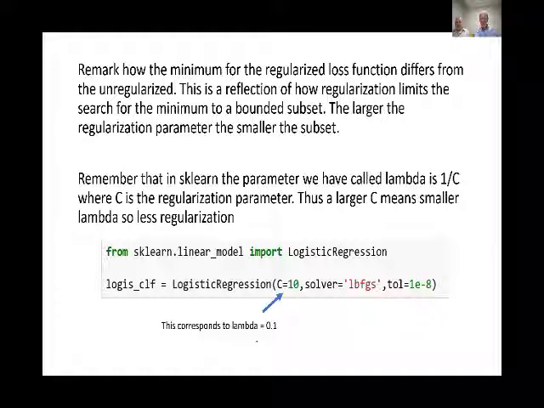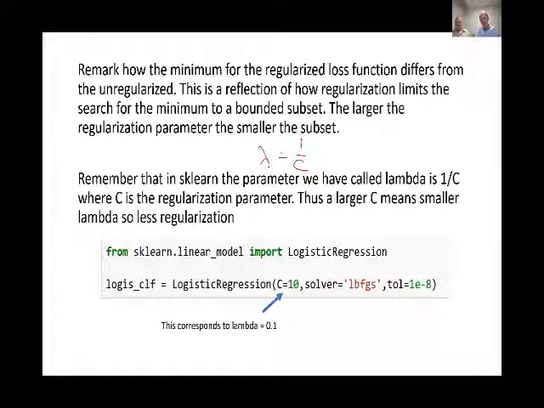So logistic regression in sklearn always uses regularization, but they do it by putting lambda equal to something of the form 1/C, and so that can never be 0. That means that the bigger C is here, the smaller lambda is. So you have to be careful when you're doing sklearn.